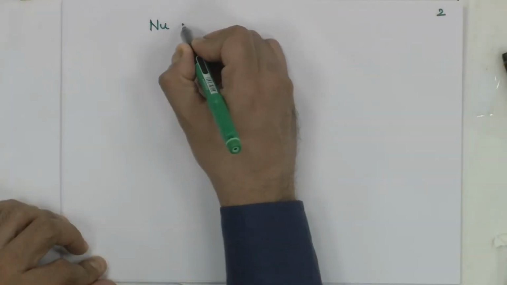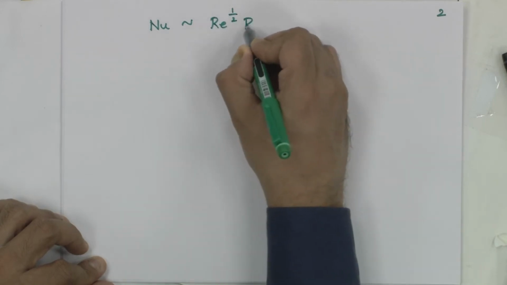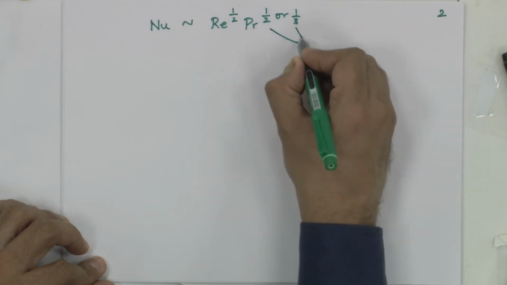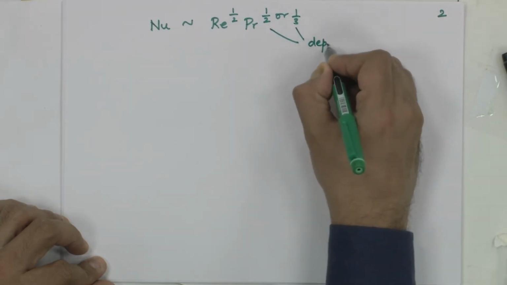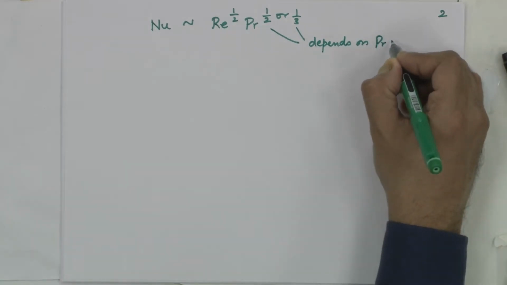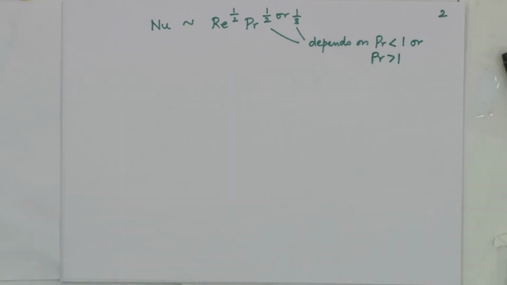In your later lecture you would see Nusselt number by scaling analysis would come out to be of the order of Re to the power half, PR to the power half or 1/3, and this coefficient depends on PR less than 1 or PR greater than 1. The hydrodynamic boundary layer being thick or thin will decide the value of the correlation.